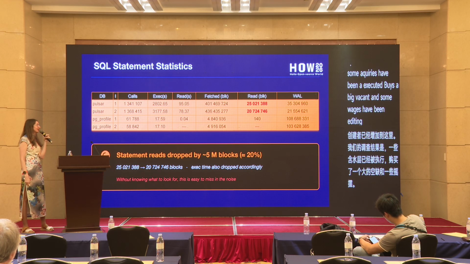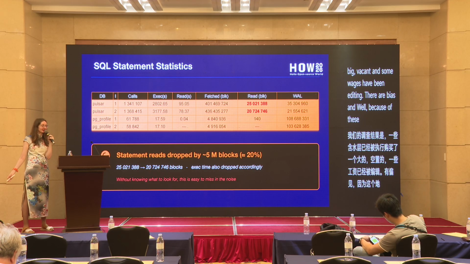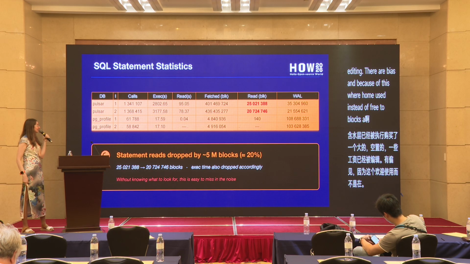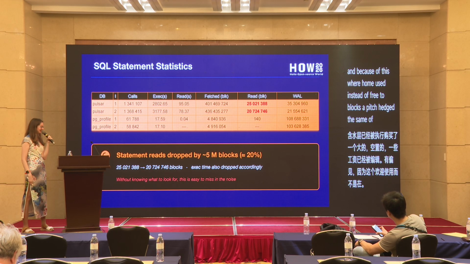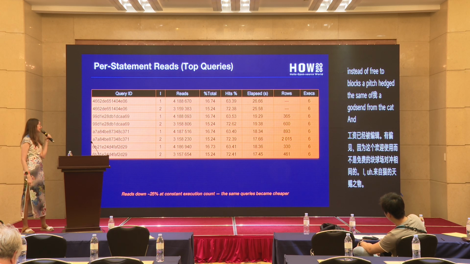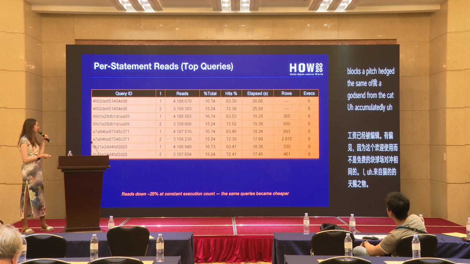Because of this, vacuum used them instead of reading blocks. It got them from the cache. And you can notice that there are the same reads accumulatively that make the contribution for this.